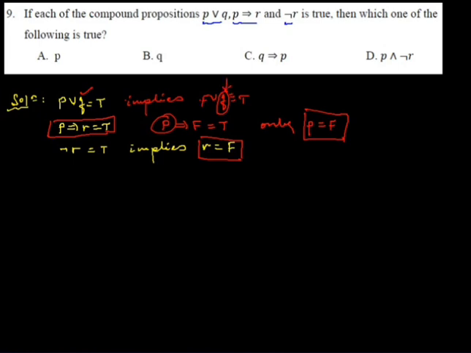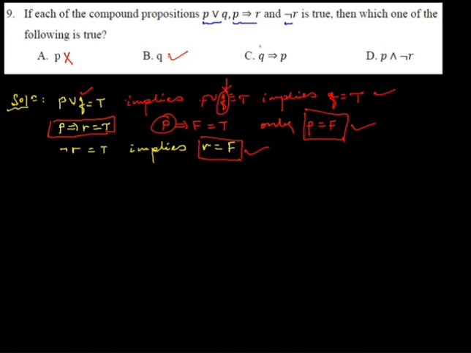Otherwise false or false will be false. So this implies Q is necessarily true. Okay, we have determined R is false, P is false, Q is true. So which one of the following is true? P is not true, P is false. Q, yes, Q is true.